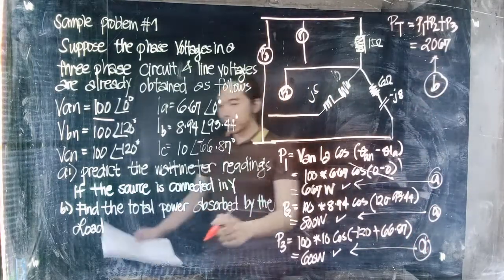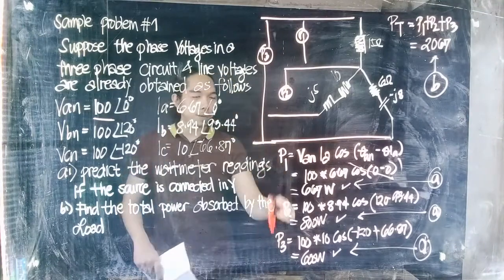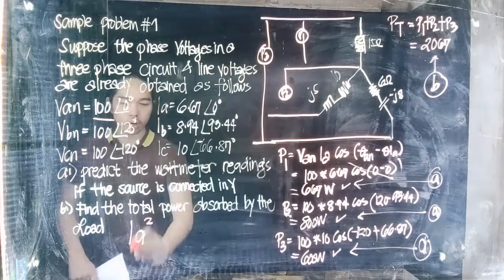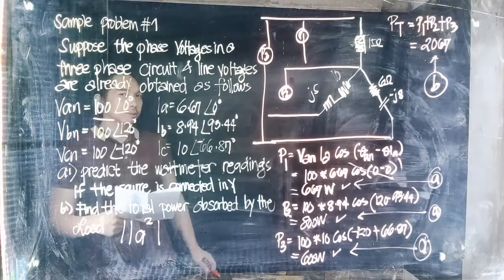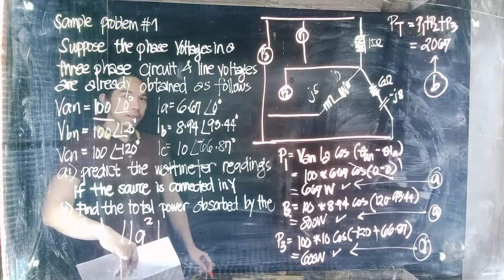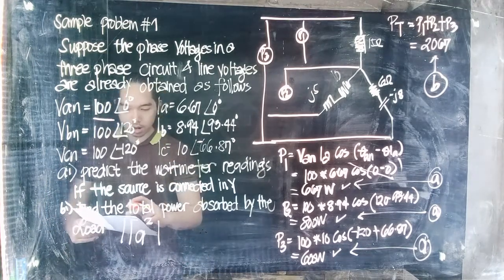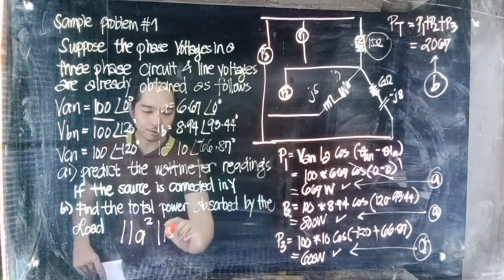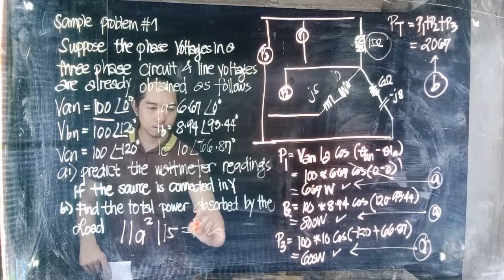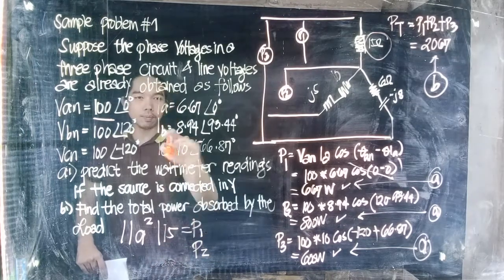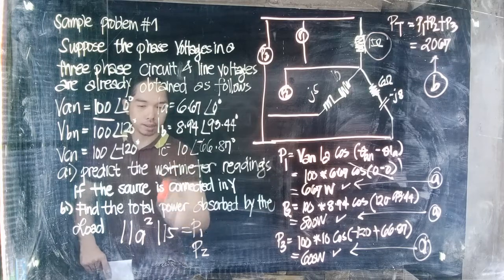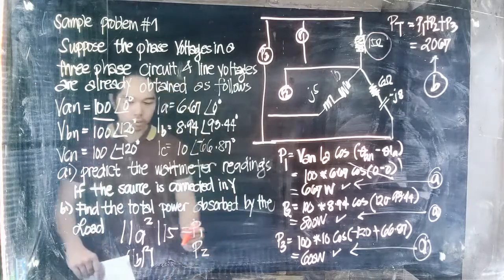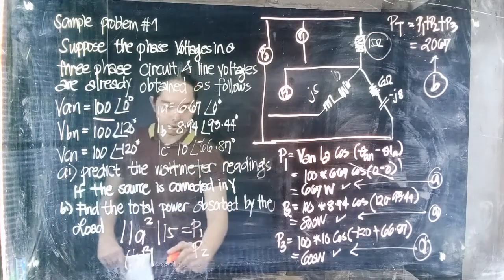But alternatively, for letter B, we can solve for P1, P2, and P3 using this formula. That would be IA quantity squared, in its absolute value, and our resistance, only the real part, 15. So we'll multiply 15. For P2, IB, so 8.9, that would be IB squared, and the real part is 10.